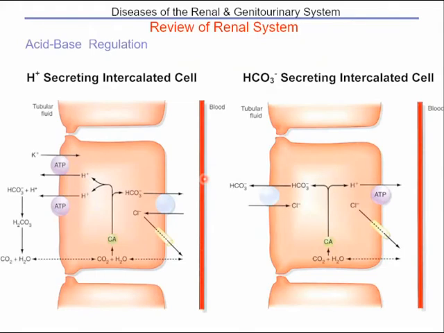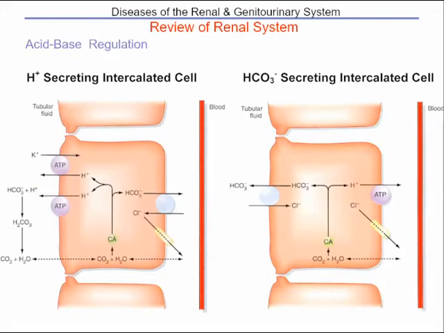Also, your hydrogen ion and bicarbonate secretion have another mechanism in the intercalated cells of the collecting duct. So remember, your collecting duct in the distal portion of your nephron is also responsible for hydrogen ion and bicarbonate transport. So here in this figure, you will see that you have another set of transporters that allow for the elimination of hydrogen ion out of the body.